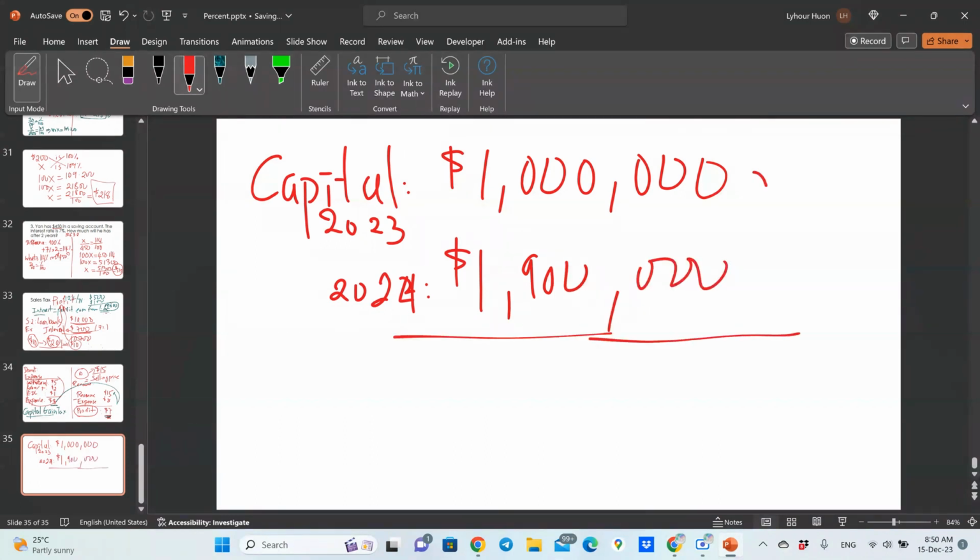So how much did you gain? We subtract: 900,000. Your capital has gained $900,000.